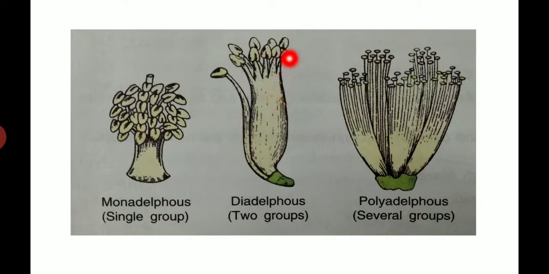Diadelphous, di means 2. Stamens will be united in 2 groups or 2 bundles. Example, pea. Out of the 10 stamens which are present in pea, 1 forms one group and the 9 make another group. So 2 groups will be present. And polyadelphous, which is found in bombax plant, here the stamens will form several groups. Okay, in this picture 5 groups of stamens are shown. Clear?